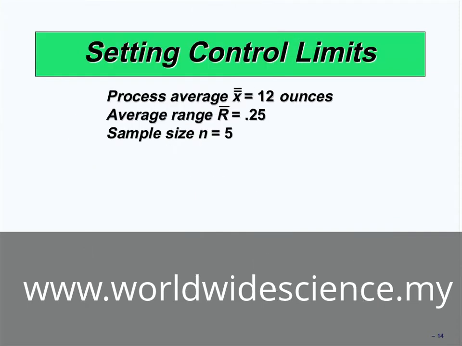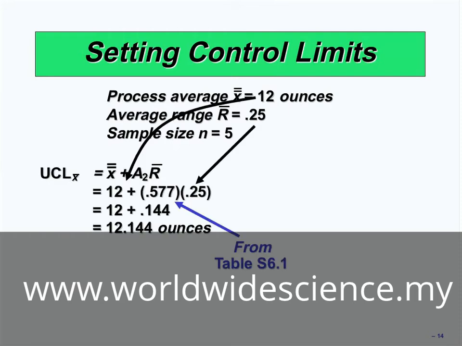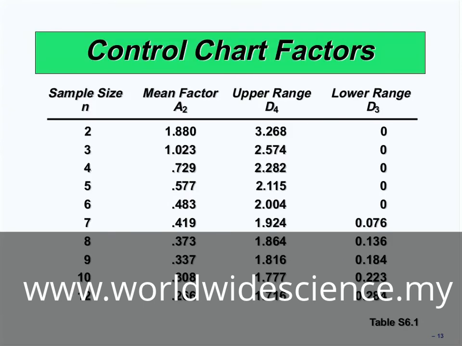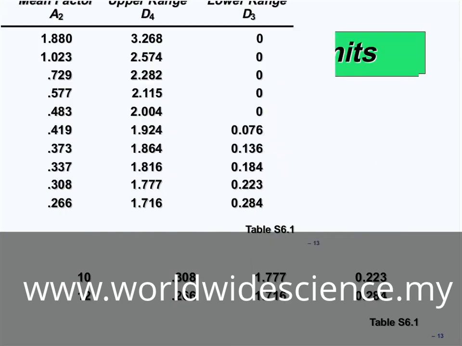In another example, I gave you the process average, or X bar bar, of 12 ounces, average range R bar is 0.25, and sample size N equals 5. From the table, a sample size of N equals 5 gives you a mean factor, A2, of 0.577, as you see in the table.